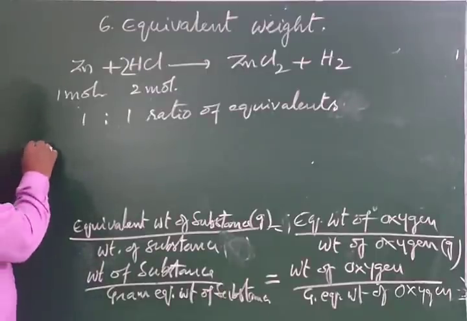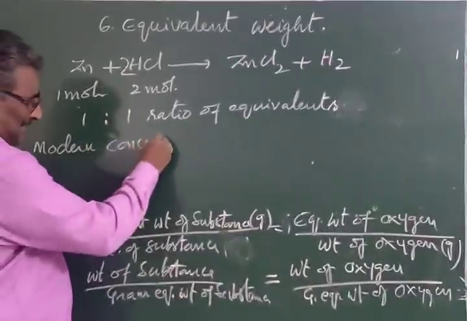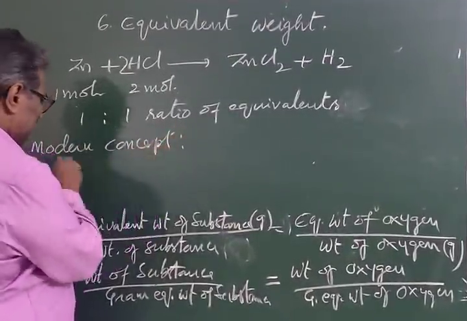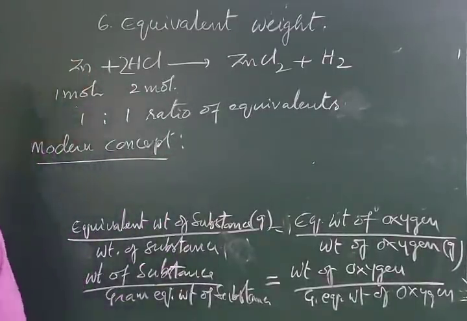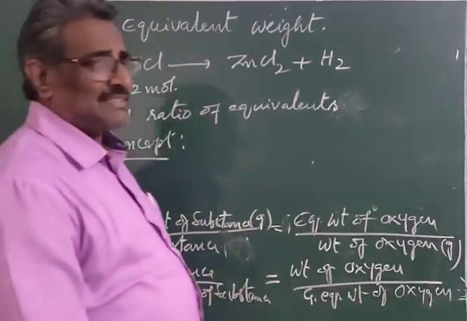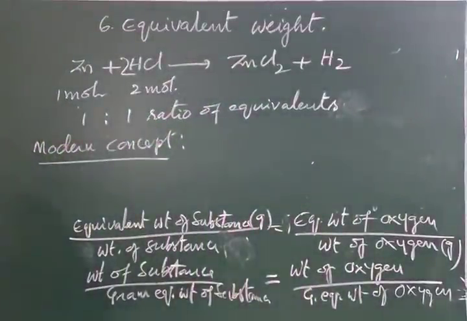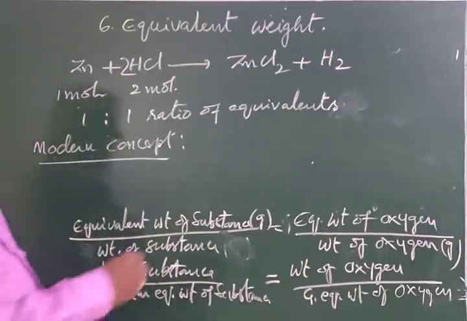According to the modern concept, equivalent weights can be defined in terms of number of electrons. The number of moles of electrons lost or gained during a chemical reaction is said to be the equivalent weight of the substance.